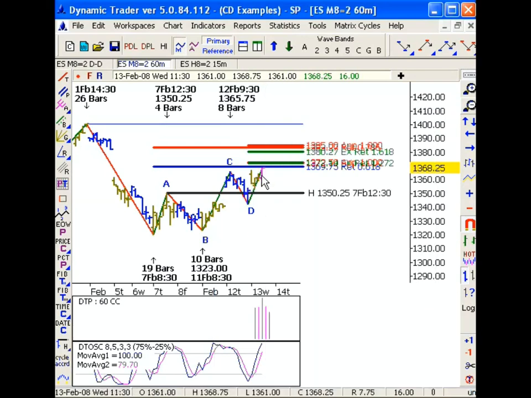So this is also right in the time target to make a 60-minute high. Just kind of dead on that bar. We don't know if that's the high or not, but we know that it's at the price resistance focused around the 62% retracement, time resistance with momentum overbought. So now let's go to the 15-minute data.